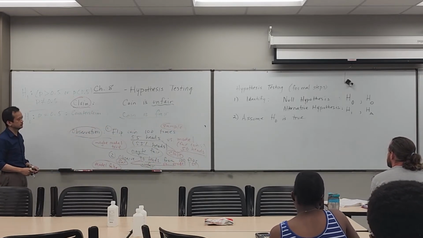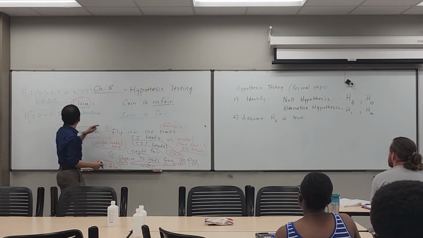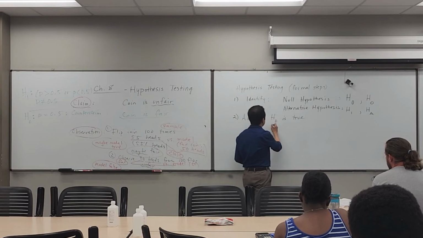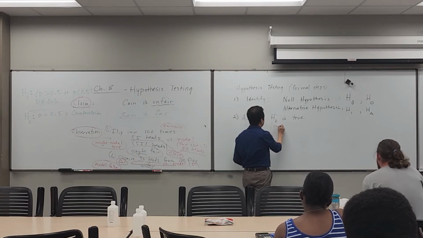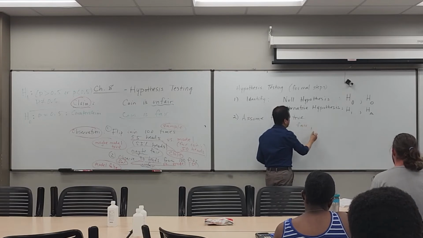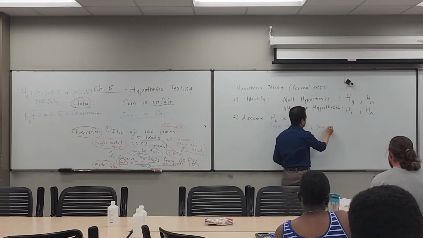We're assuming the coin is fair. Yeah, so H0 here is that the coin is fair. So in this example, we're assuming that the coin is fair, and mathematically, that means that p really does equal 0.5.